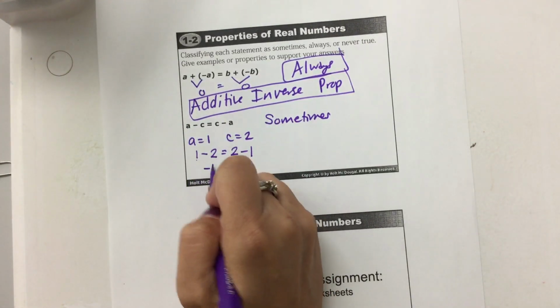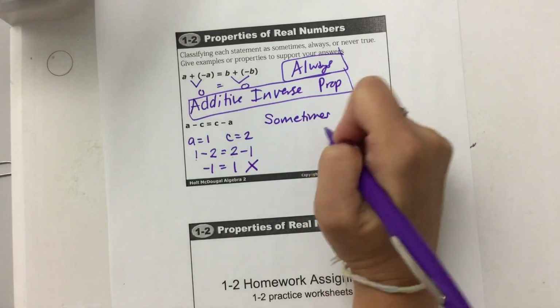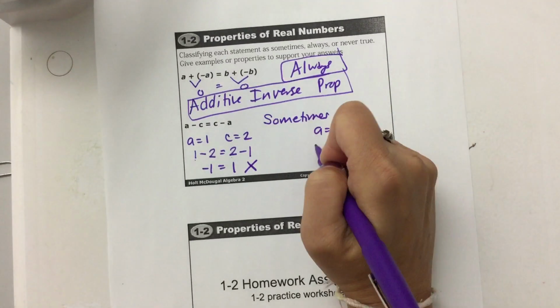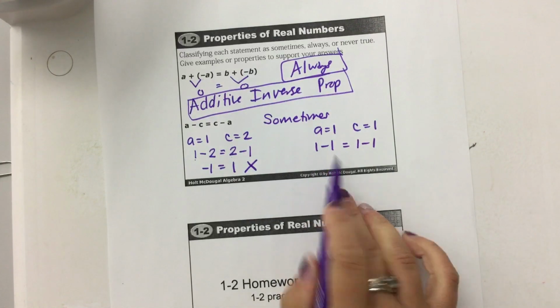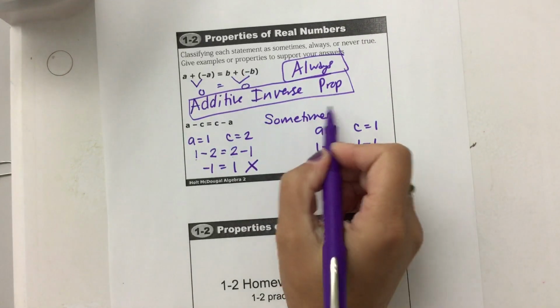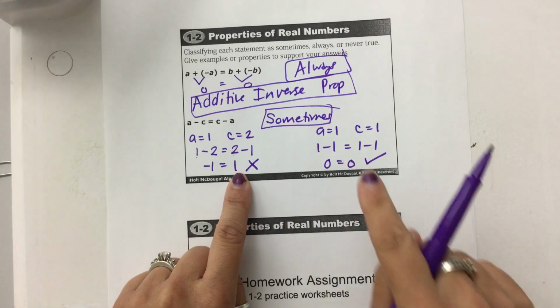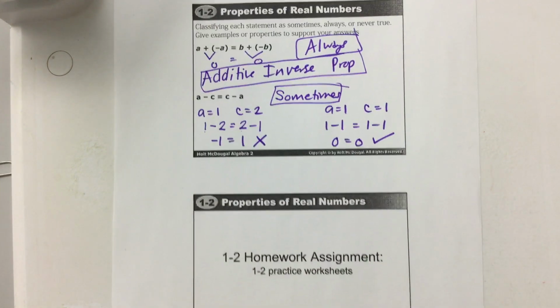Well, 1 minus 2 is negative 1. 2 minus 1 is 1. That doesn't work. But if they're both 1, let's say A is 1 and C is 1, 1 minus 1 equals 1 minus 1. Well, 1 minus 1 is 0, equals 1 minus 1, that's 0, that checks. So sometimes we could find an example where this did not work, we could find an example where this did work. And that concludes section 1.2.